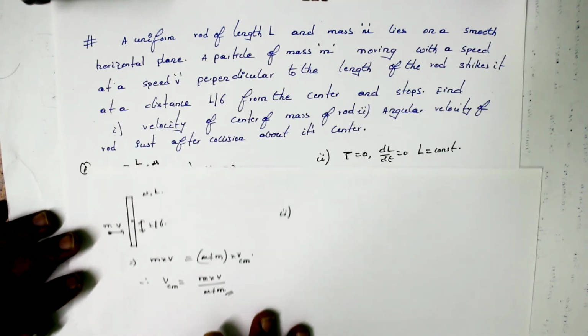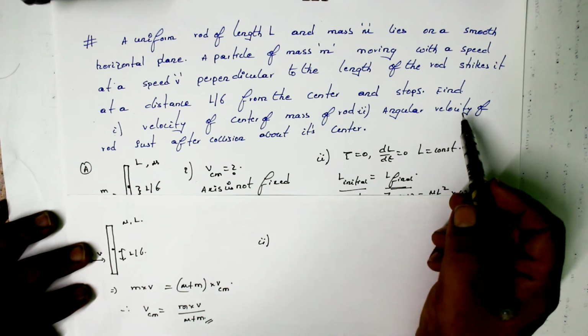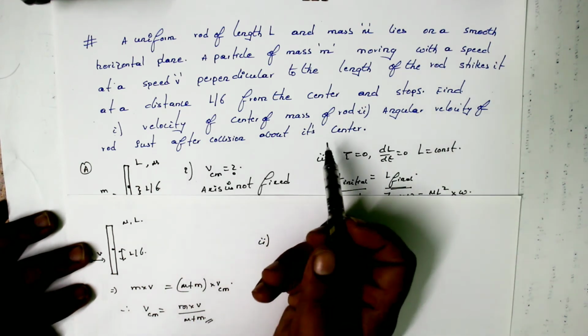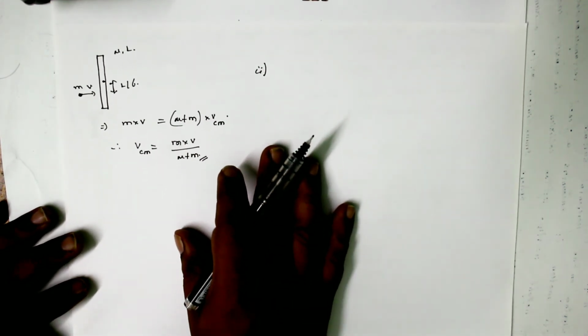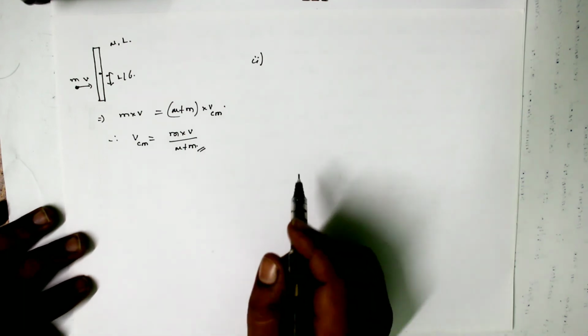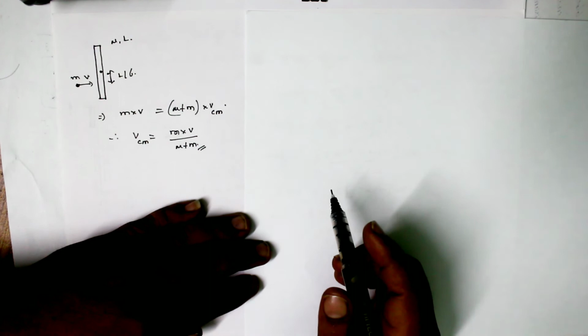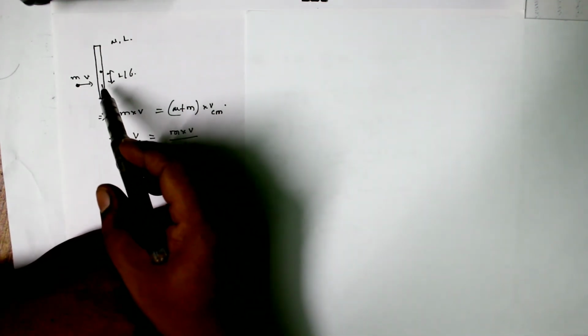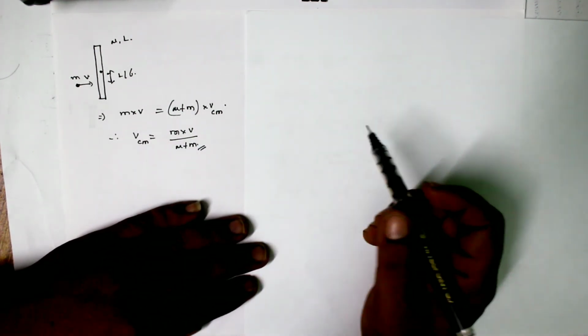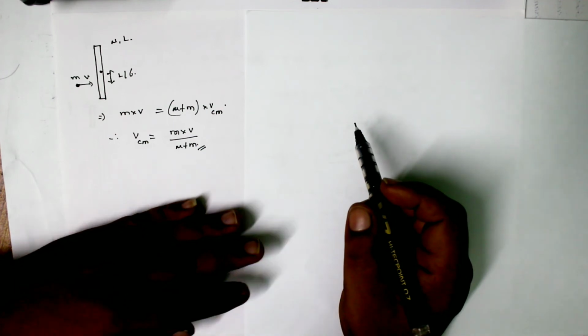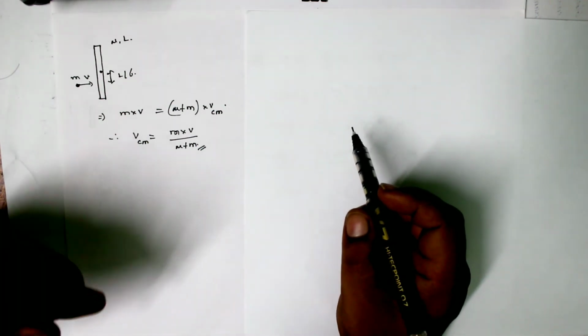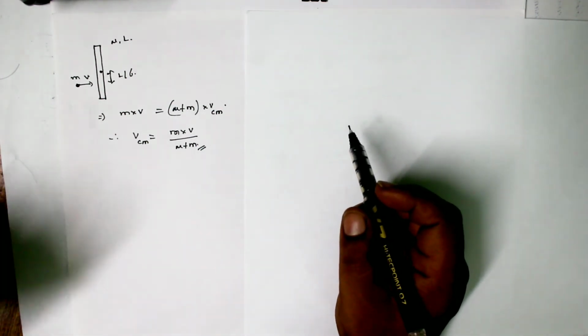Now the second question: the angular velocity of the rod just after collision about its center. In this condition also I can use the law of conservation of angular momentum, because the net torque acting on the total system is 0.